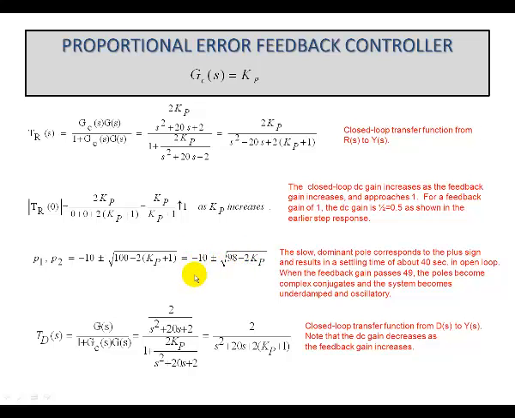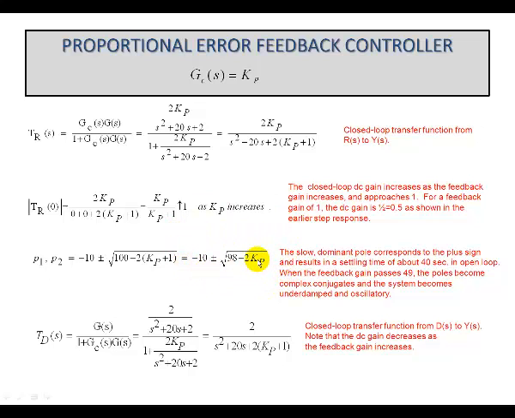So if the pole is at 10, we're going to have a time constant of 0.1, and so 0.4 as the settling time. So that's going to be a very fast settling time. As we noticed, the further we go, that's what we found.